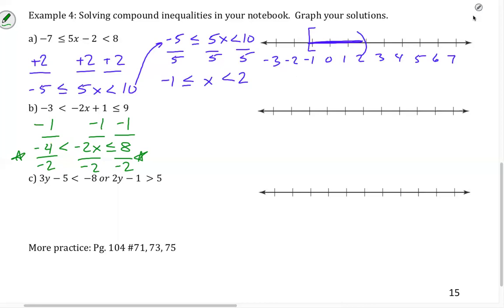That you're dividing by a negative? So what do I have to do? What do you do when you divide by a negative? I don't know how to explain it. Flip the sign. That's what it's called. Yeah.